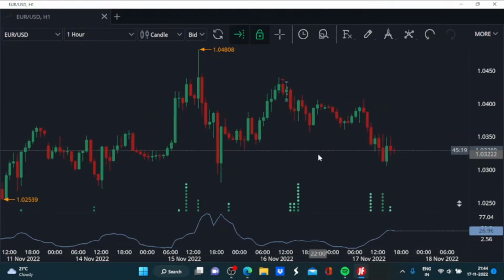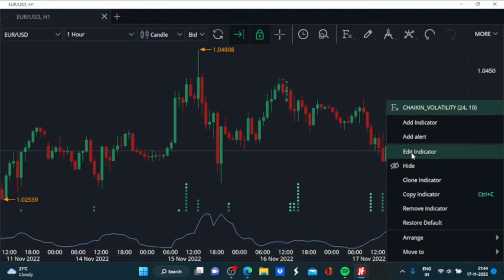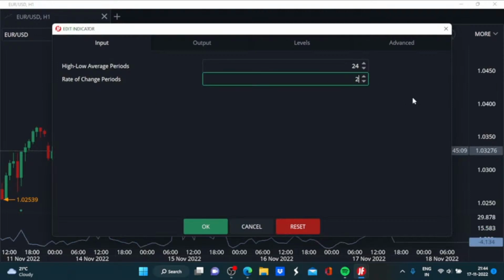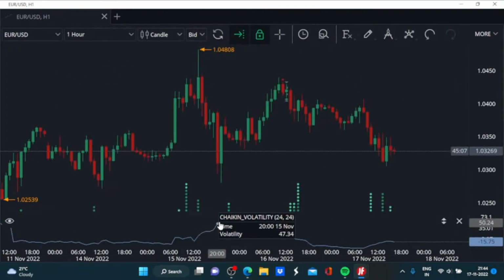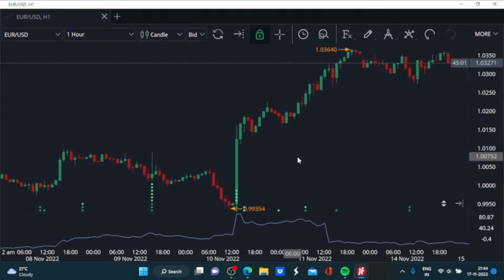All right, now let us change the rate of change also. So here we have now increased the rate of change as well. And as a result of that, the stabilization factor has increased.